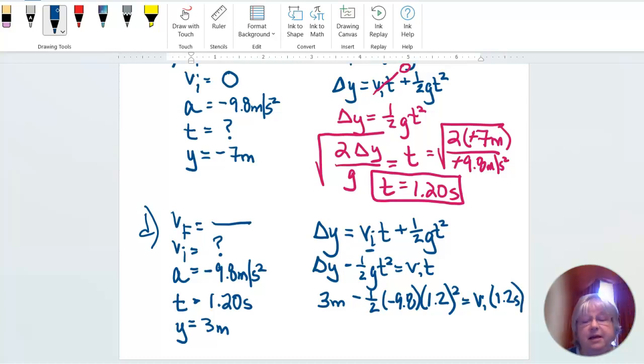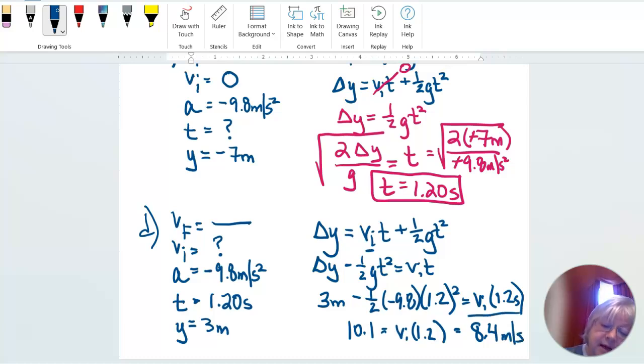Okay, so I hit this into my calculator, and this works out on this side to be 10.1 equals VI times 1.2, which gives me 8.4 meters per second. And that is how fast Romeo threw the package up into the air.